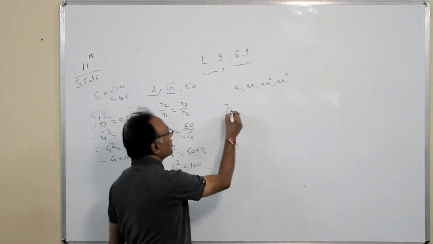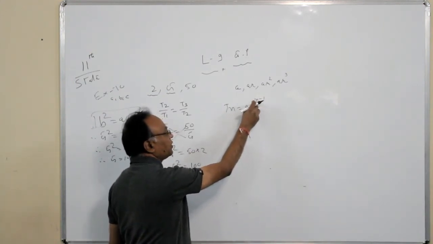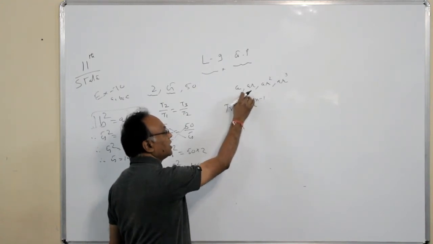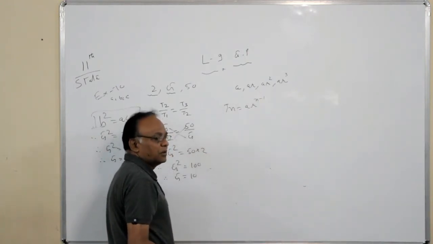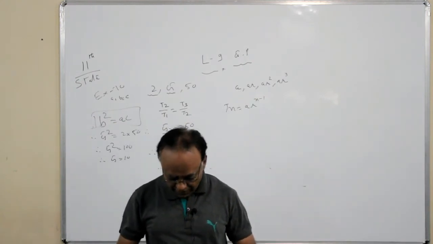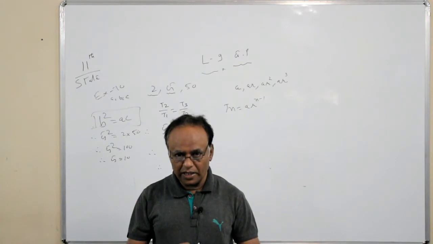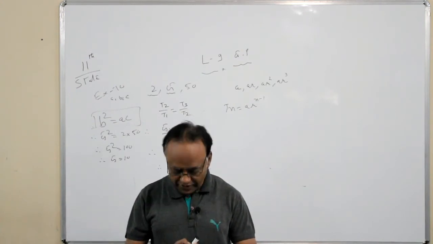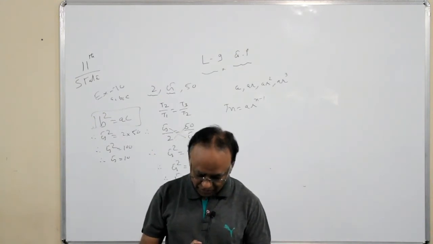Tn is equal to A r raised to n minus 1. Substitute: T1 is equal to A, since 1 minus 1 is 0 and r to the 0 is 1. 2 minus 1 gives AR. The third term is AR square and the fourth term is AR cube. So T1 is equal to A, T2 is equal to AR, T3 is equal to AR square and T4 is equal to AR cube.